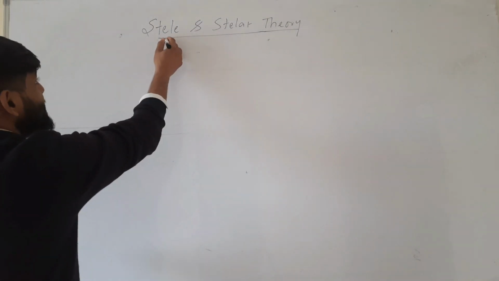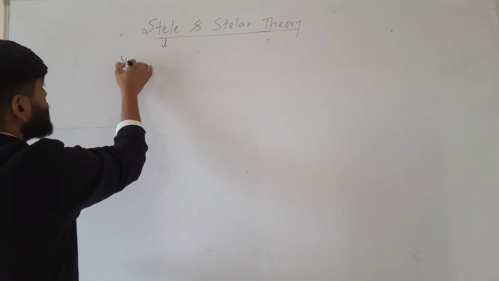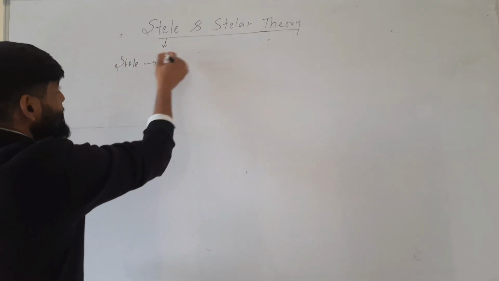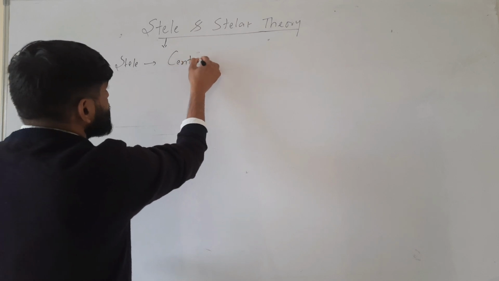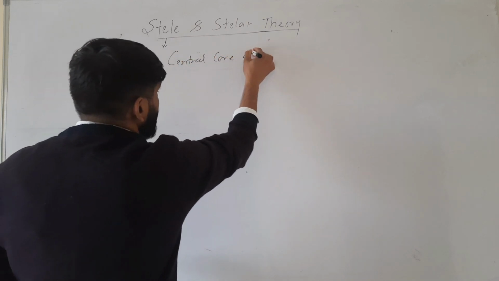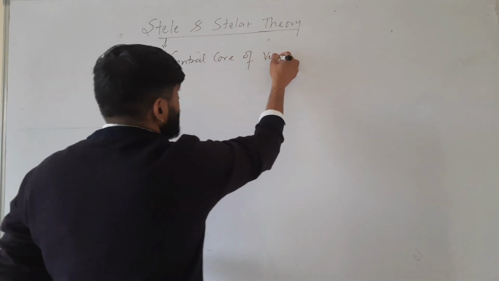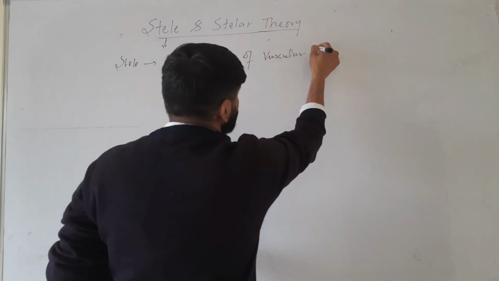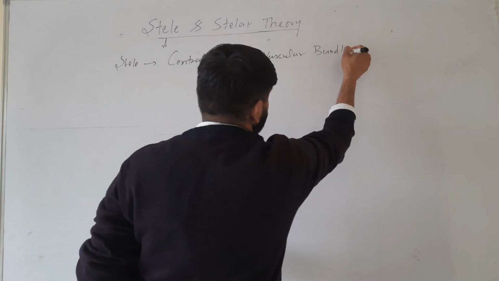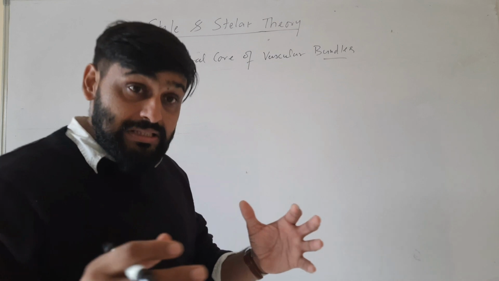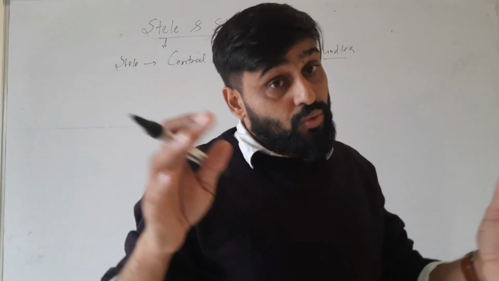In this video, we will discuss Stele and Stelar theory. So what is Stele? Stele is the central core of vascular bundles inside the stem, in the structure of stem, or you can say root.